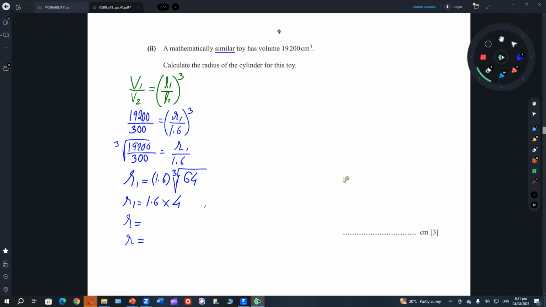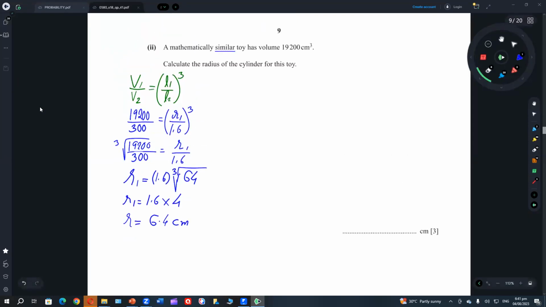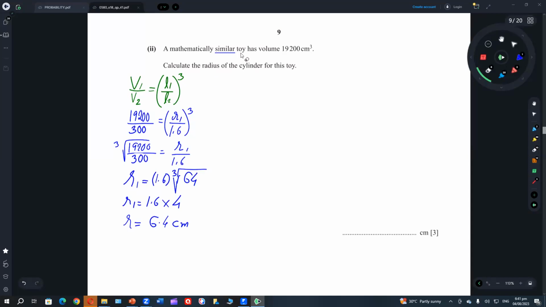So when I do 19,200 divided by 300, I get 64. And when you take the cube root of 64, I think you get 4. Yes. 4 times 1.6 is 6.4. So the mistake was here. It was a similar figure case.